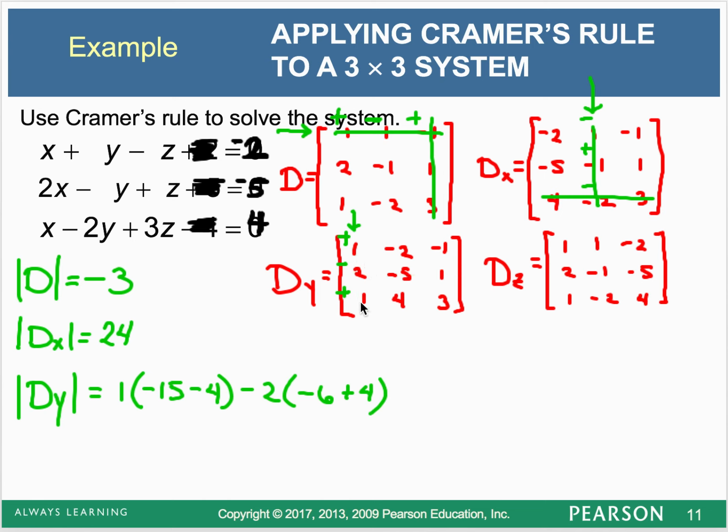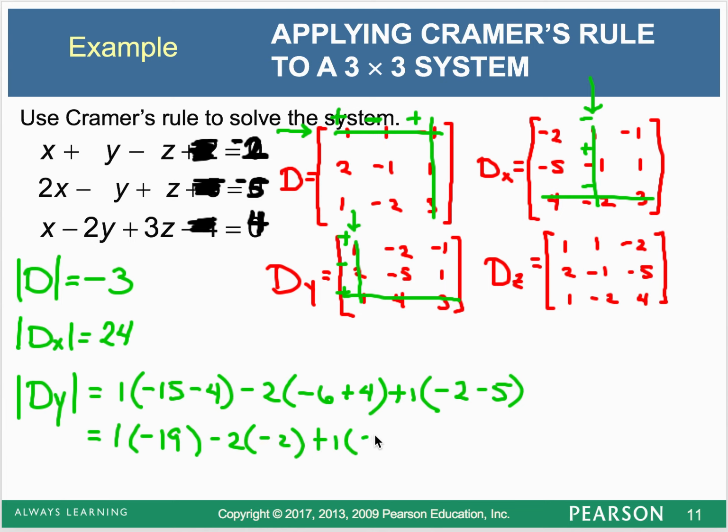Now we've got plus 1 times, mark out the row and the column the 1 is in, negative 2 minus 5. So we have 1 times negative 19 minus 2 times negative 2 plus 1 times negative 7, or negative 19 plus 4 minus 7.